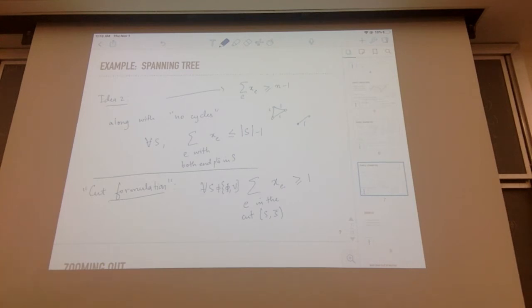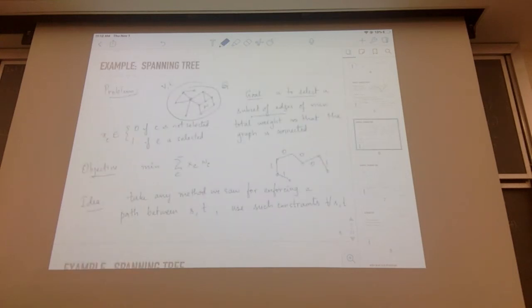In this case, these constraints look exponential in size, but it turns out sometimes you can still optimize over exponentially sized sets of constraints. So it's good to keep in mind that you can write different formulations for problems. That's the reason I want to illustrate with a bunch of examples.